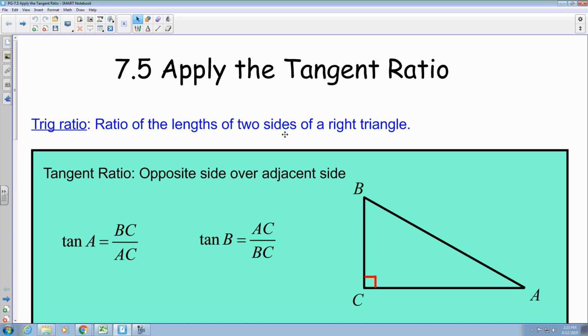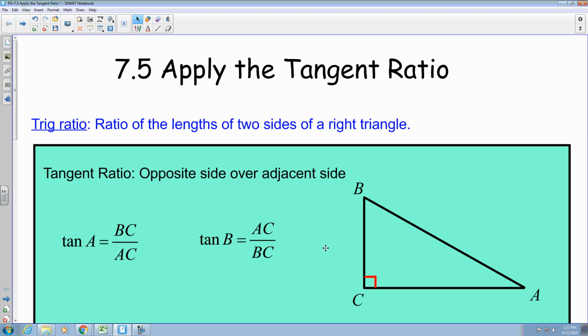And then the second thing is we need to know at least one of the side legs of the right triangle. So in this case, my two side legs are BC and AC. All right, AB is my hypotenuse in this case.